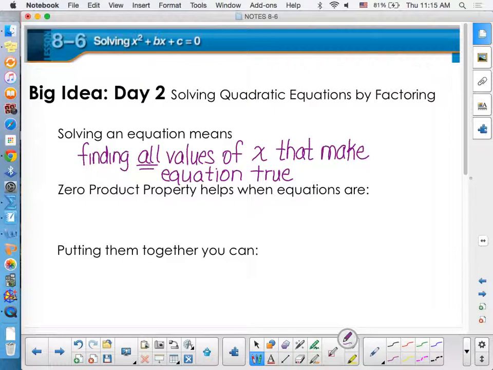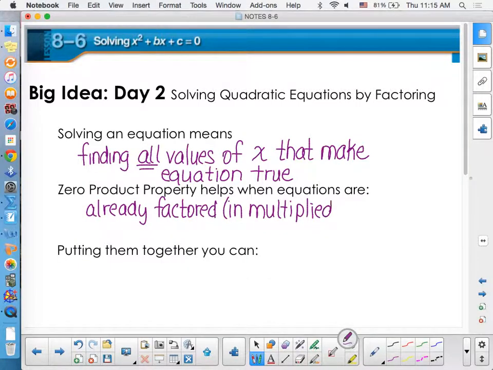Zero product property helps us when equations are already factored and equal to 0. So we want things that are multiplied, but not only that, they have to equal 0 on one side.